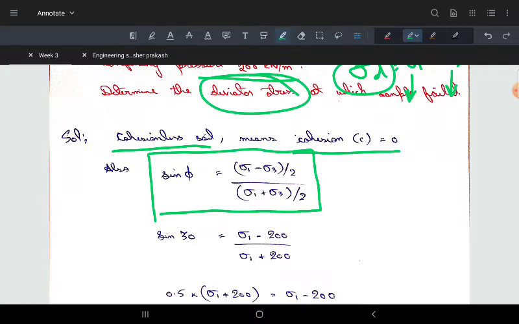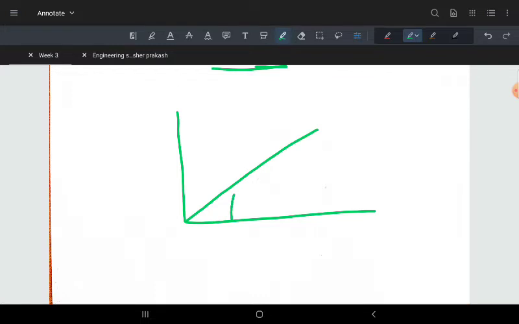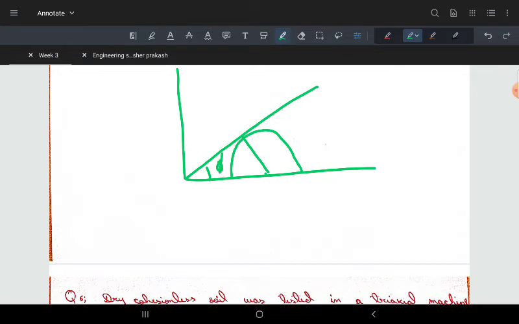If you want to know how this equation comes about, I will explain. We are given a cohesionless soil, which means the failure envelope will start from 0, and the Mohr circle will touch it like this. This angle is phi. We have to find sin phi. Sin is perpendicular by hypotenuse.